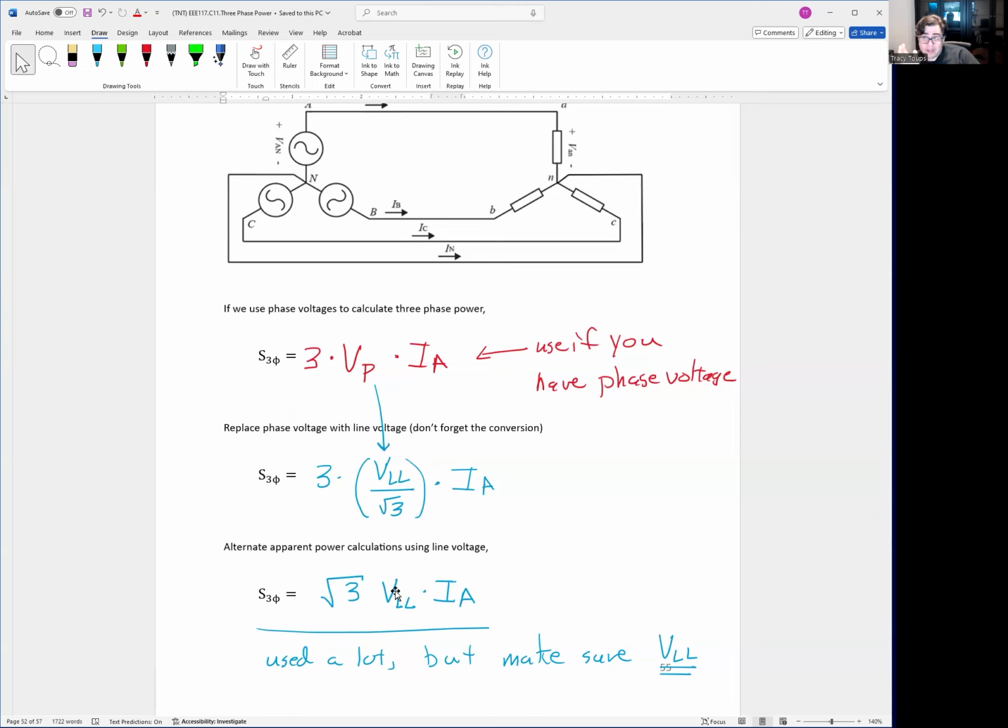because you will probably get a lot of arguments in your career about the square root of 3. Be sure you know when to divide by square root of 3 and when to multiply by it. I swear to God, $20 million projects have been blown out of the water because people forget when to multiply and when to divide by square root of 3. So please pay attention to this.